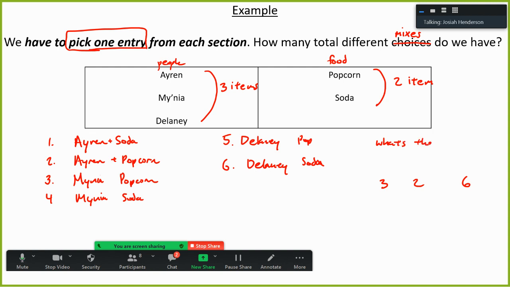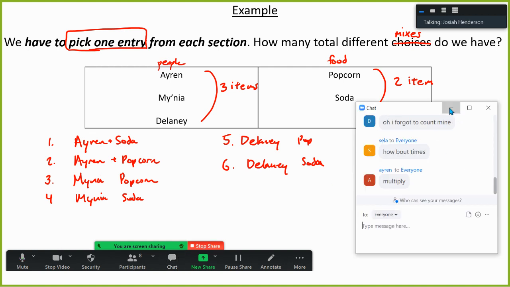What's the math relationship between those 3 numbers, 3, 2, and 6? I know you see it, but how do we express that? Can I add the numbers, multiply them? Is there any relationship? 2 things in the chat.